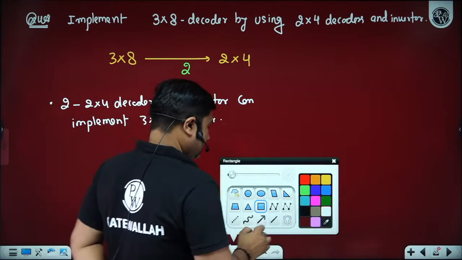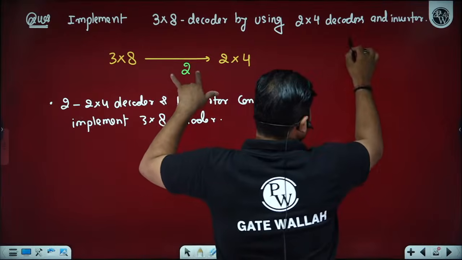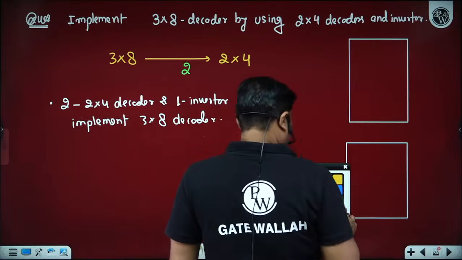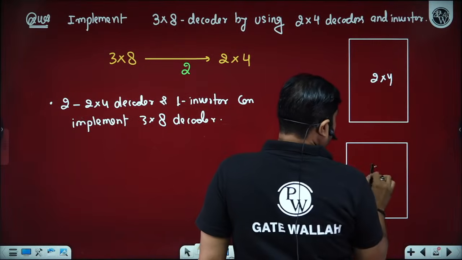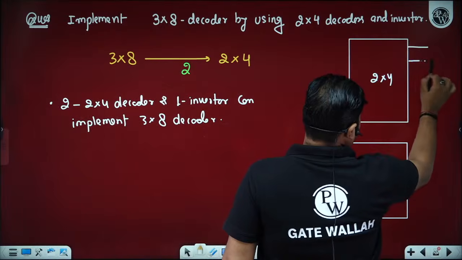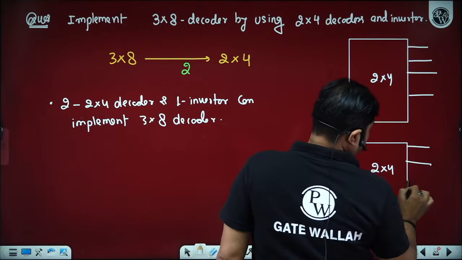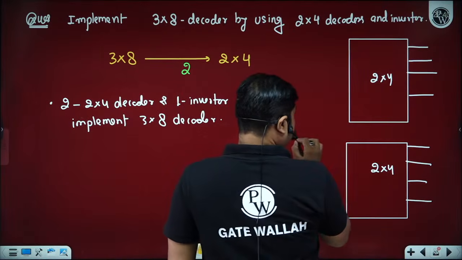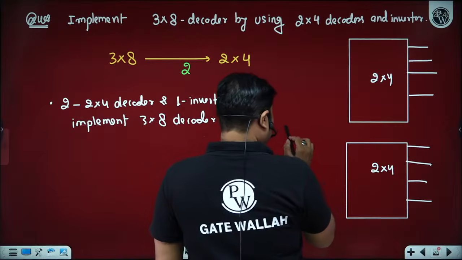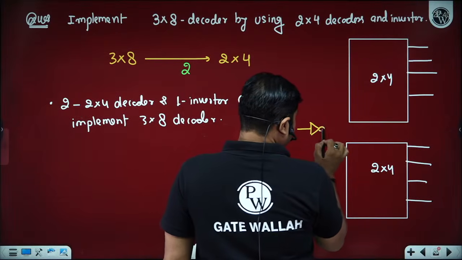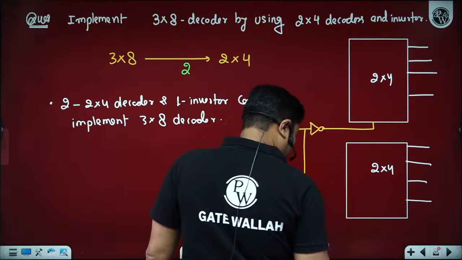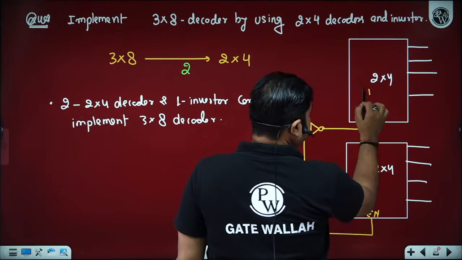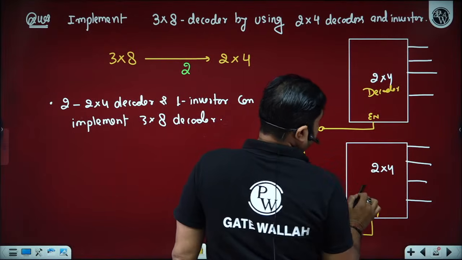Sir, we have total 2x4 and 2x4, so we have total 8 output lines: 1, 2, 3, 4, 1, 2, 3, 4. Is it okay? We can connect MSB A with an inverter onto the enable of these 2 decoders.